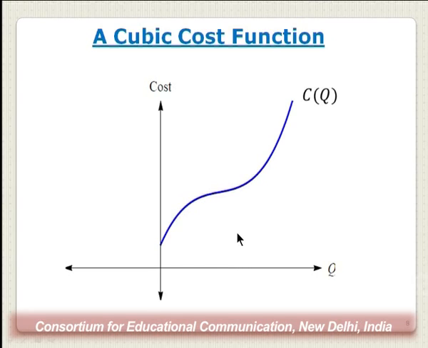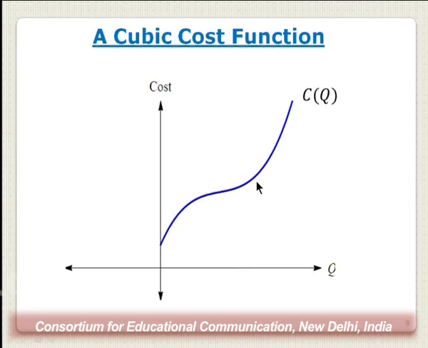Also, it's not just that the curve is upward sloping throughout. There's also a certain pattern in the way the curve slopes upwards. If you follow my pointer here, you'll see that first the costs increase at a decreasing rate. The curve starts flattening. So costs increase at a decreasing rate, and this could be attributed to, let's say, a better utilization of the fixed capital.